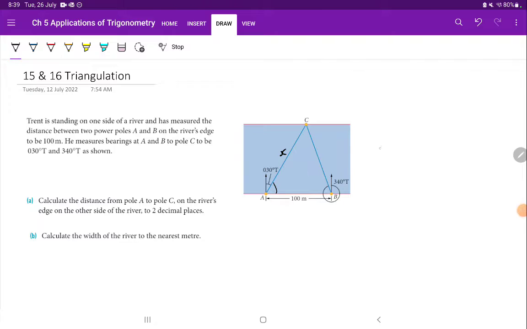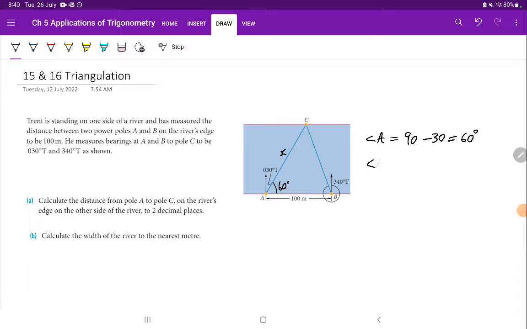So first of all, let's work out this angle A. Since that whole thing is 90 degrees, if we go 90 degrees minus 30, it's going to be 60 degrees. So this angle in here is 60 degrees. Using a similar logic but slightly different, from this north line all the way to this line would be 270 degrees.